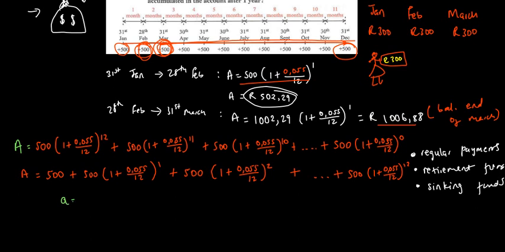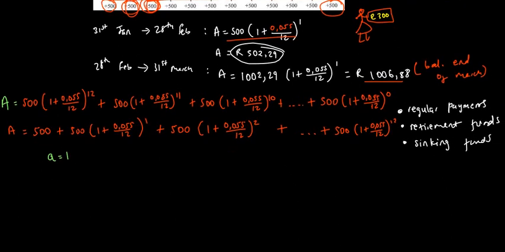A is 1. The ratio is actually this. You divide it by that. T2 divided by T1. Okay, you say 500, 1 plus 0.055 to the power of 12, exponent 1, you divide it by 500.